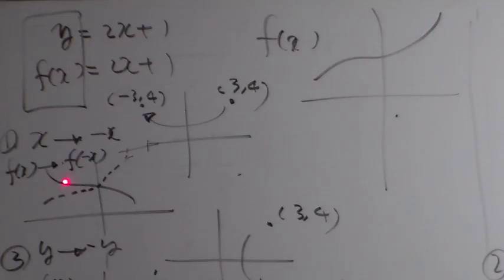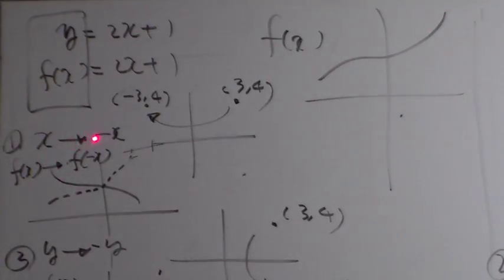Then x is replaced by minus x. What happened to the graph? That means in your exam, f(x) is replaced by f of minus x, and they're going to ask you what the graph looks like. So I'm going to give you an idea with a simple location, 3 and 4.